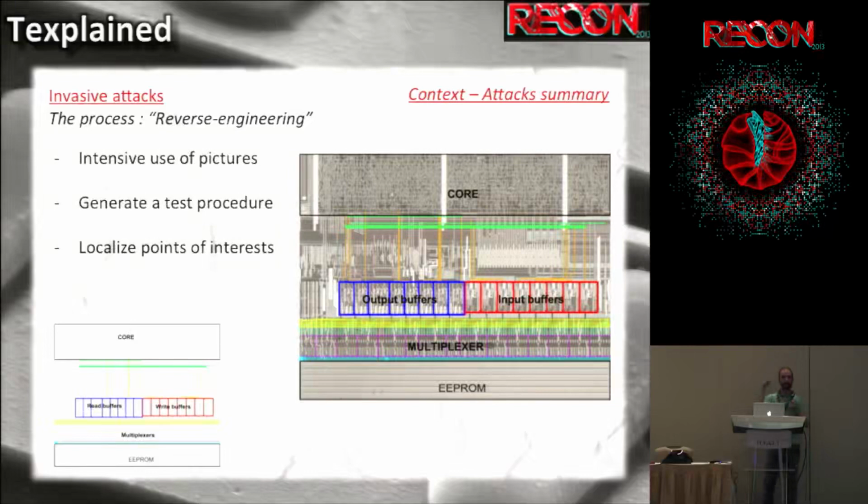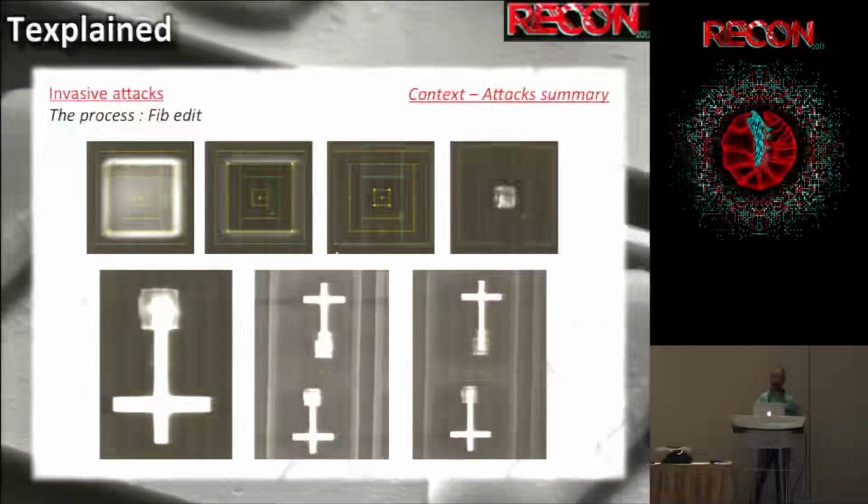If you look at just some lines, you will see that those are the buffers for writing and reading to the memory. So if I want to read this particular EEPROM, I already know where the data bus is. So I know that I will play on this. And I will find my point of interest according to this picture, for example, and then I will go to the FIB.